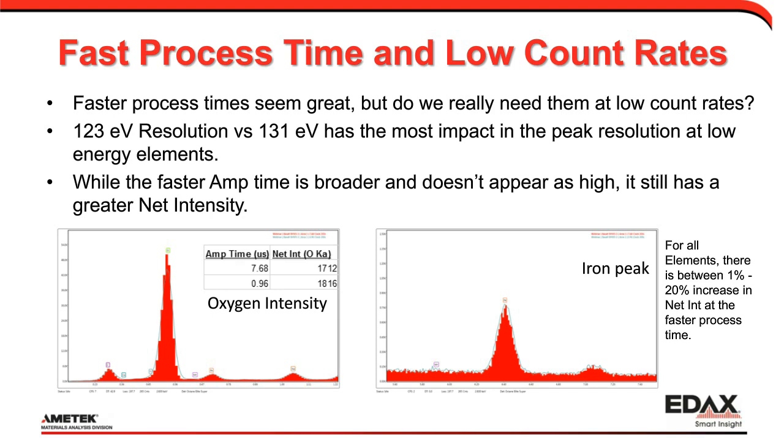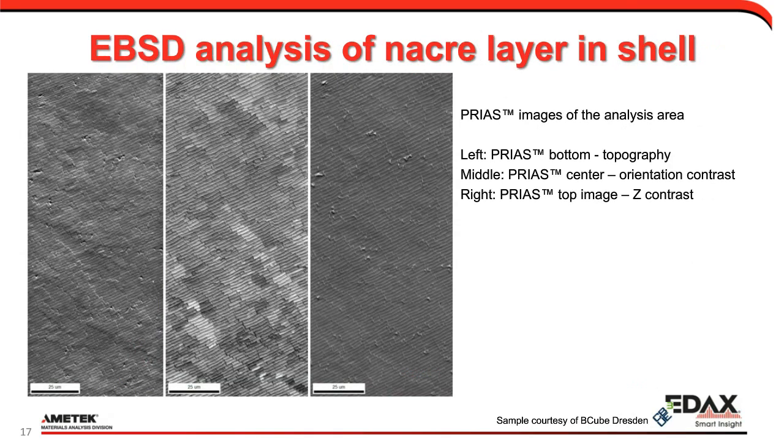So in the last few minutes of the presentation, I will go through two different EBSD analyses of biological materials, and these were provided by my colleague Renee Declos, who is always after very interesting and challenging applications of EBSD. The first one that we'll study is the EBSD analysis of the nacre layer in a shell.